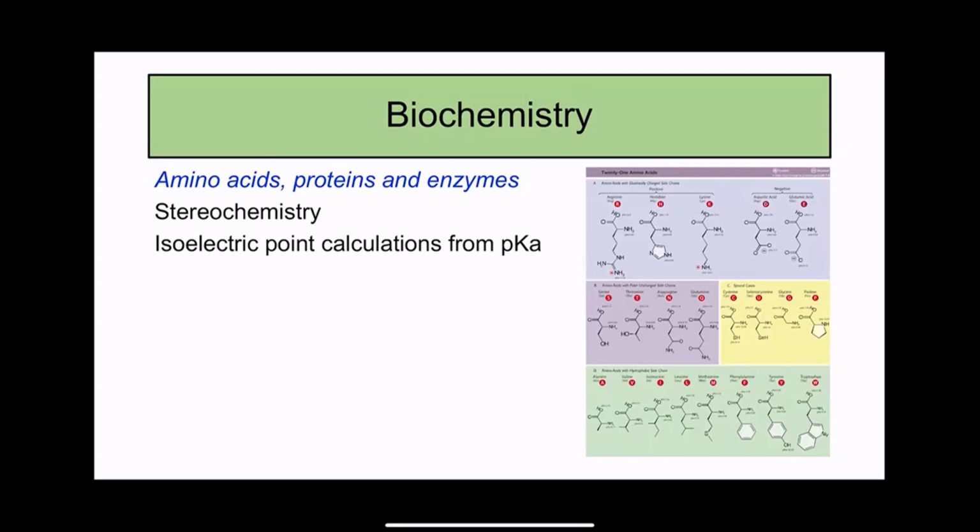Wait, sorry, I don't think I fully understood your question. Like, will the pKa of that side chain be between the two pKas of the general form of your amino acid?